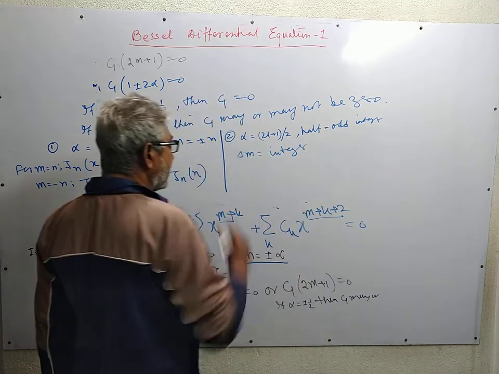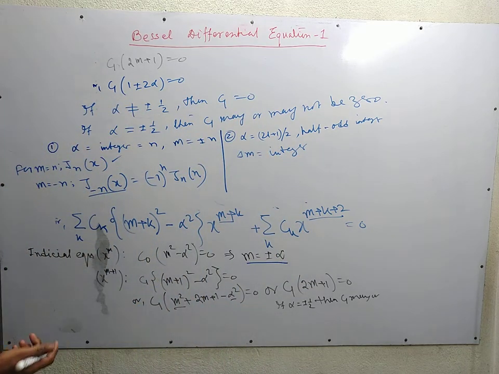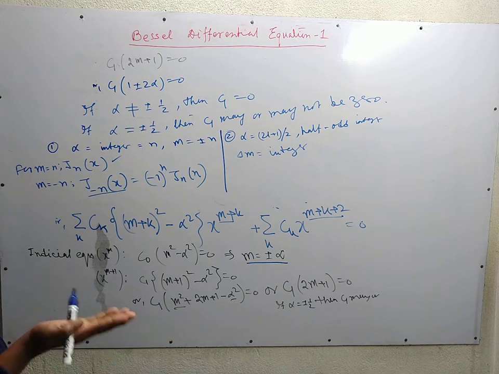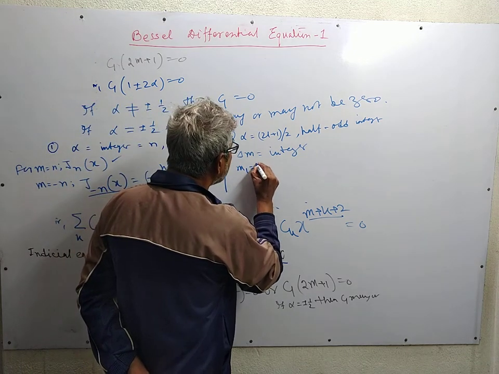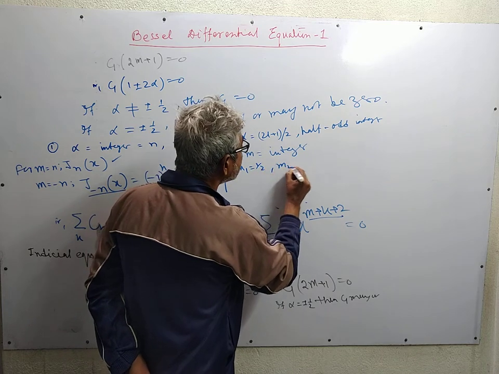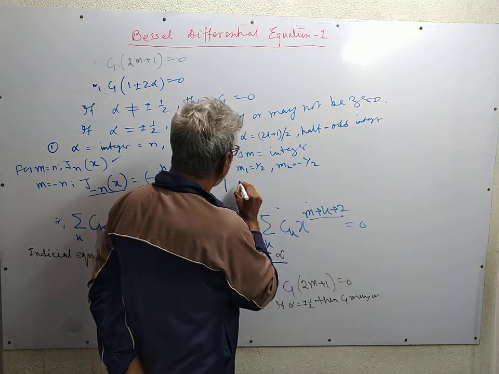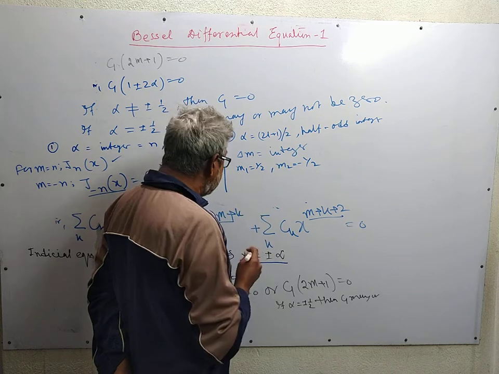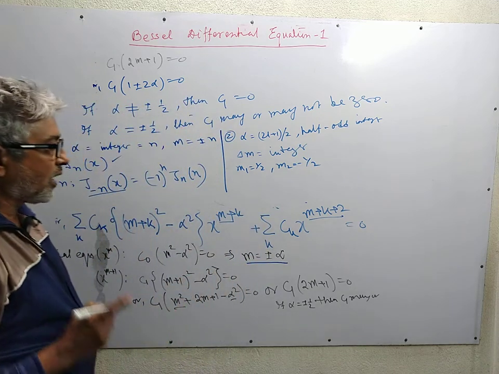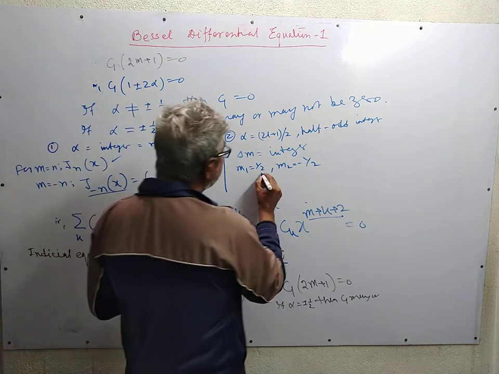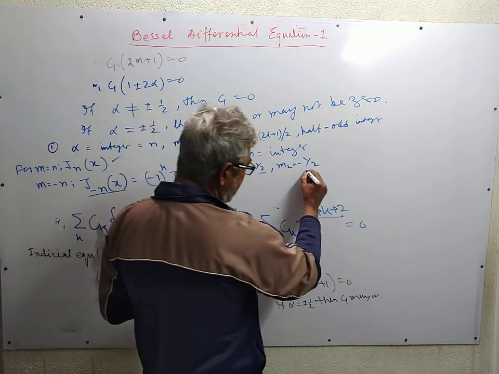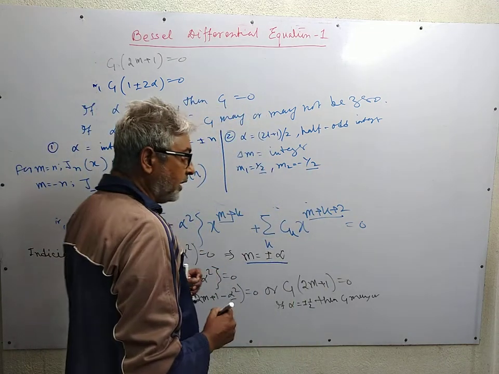For example, if alpha is equal to half, then the roots of the indicial equation are m1 equal to half and m2 equal to minus half. So the difference is an integer. Again, according to the Frobenius-Fuchs second theorem, this one will definitely give you a solution. This may or may not give any solution.